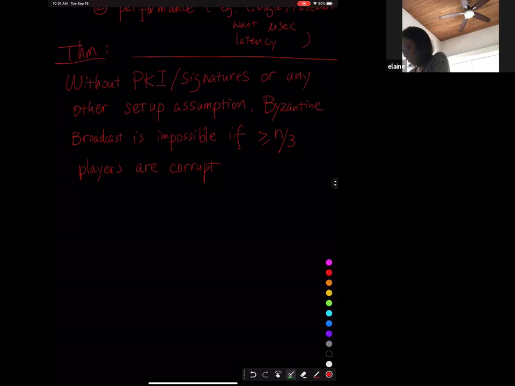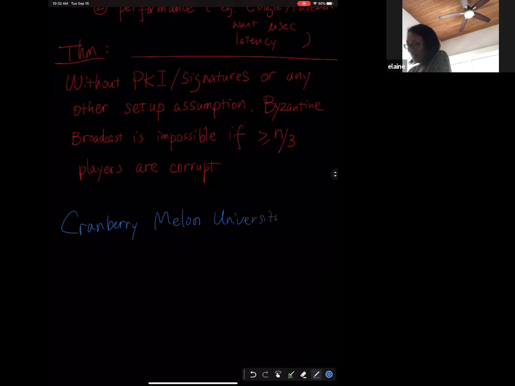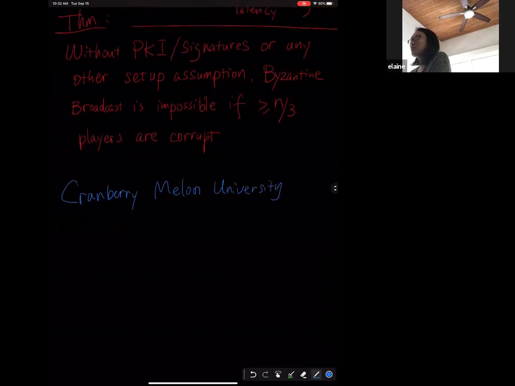So imagine in Cranberry Mellon University, the scenario is that they want to elect the next university president. As we all know, the current university president is Farr.